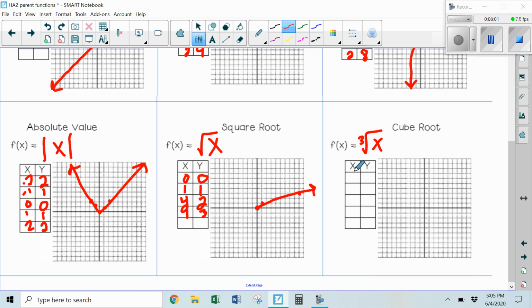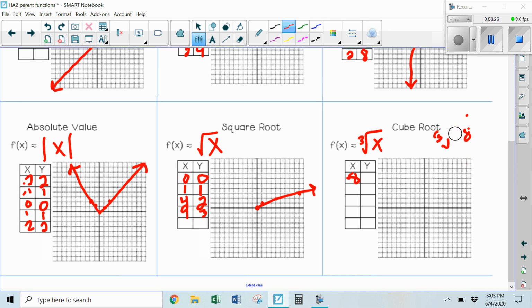Do I know the cube root of -8? I do. So that's what times what times what equals -8. -2 times -2 times -2 is -8.